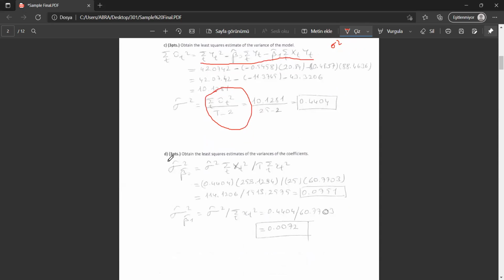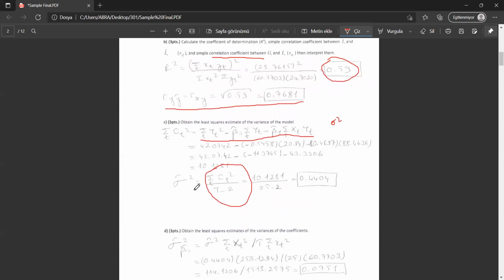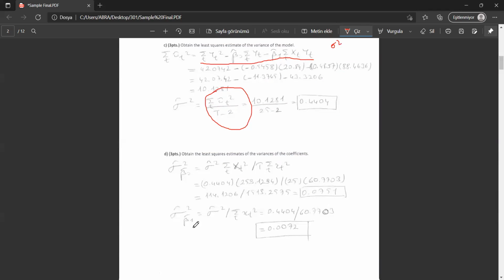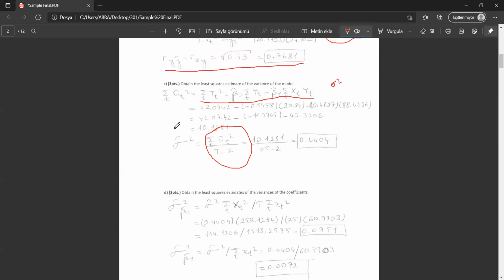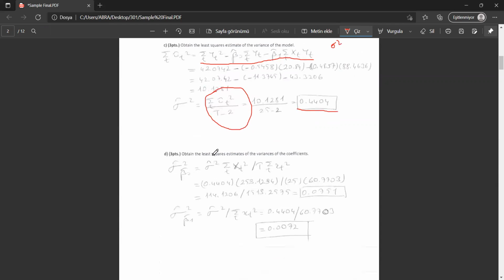And in part D, we are finding the variances of the coefficients, beta 0 hat and beta 1 hat. These formulas include sigma squared hat, which we have found in the previous part, but with some extra terms.